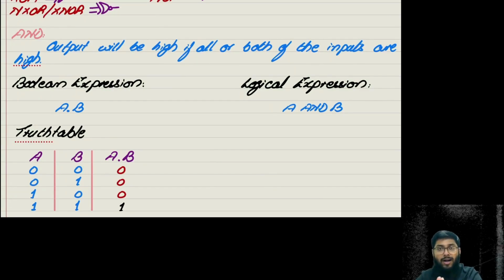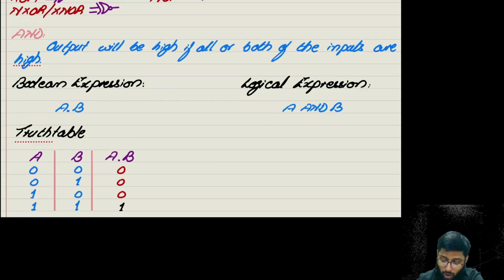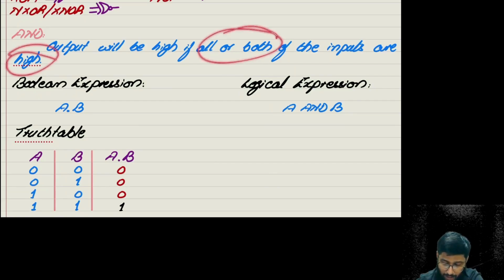Until all the inputs are in the on state, or the high state, you won't get a 1 as an output. Only in this condition will you get a 1 as an answer.